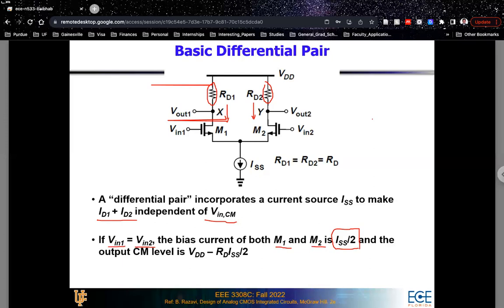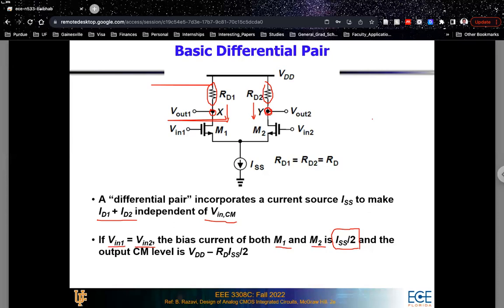And as the voltage drops across RD1 and RD2 are identical, the voltages at point X and point Y will also be identical, because the voltage at point X will be VDD minus RD1 times ISS over 2, and the voltage at point Y will be VDD minus RD2 times ISS over 2.